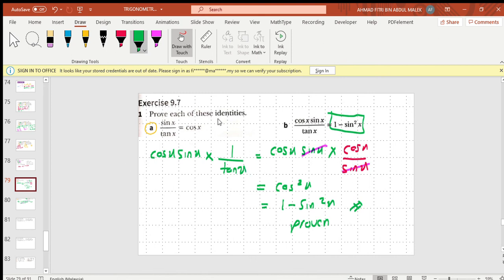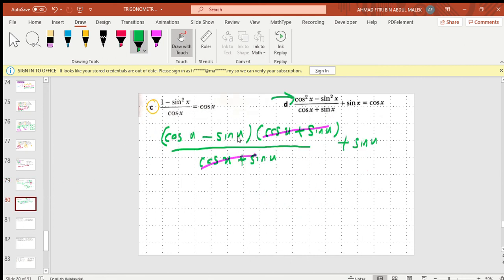No need to think two or three steps ahead, just one step. When you factorize, finally you will get cos x minus sine x plus sine x, then you get cos x. As simple as that, it is proven.